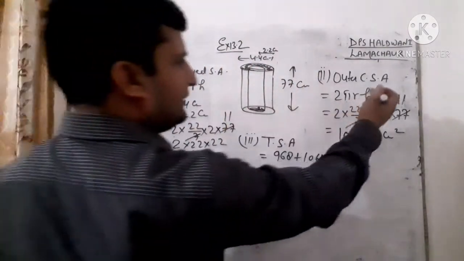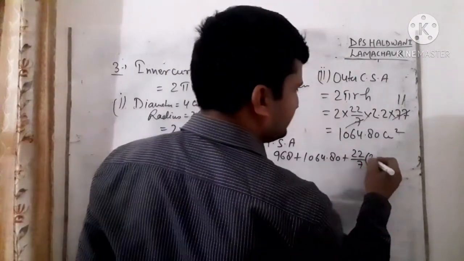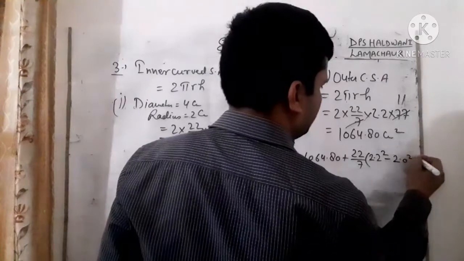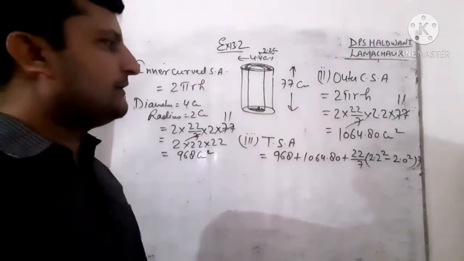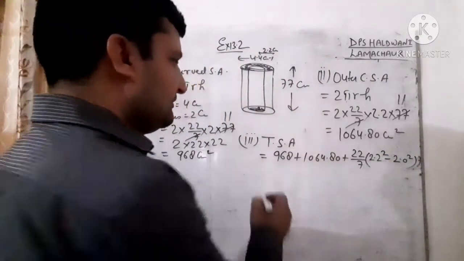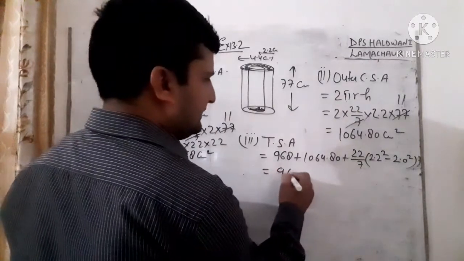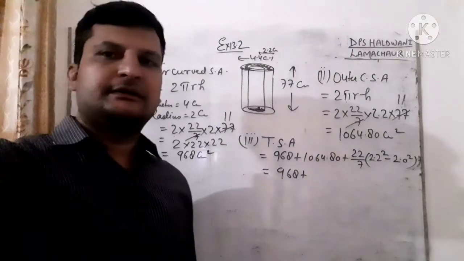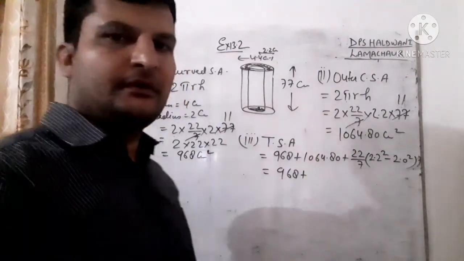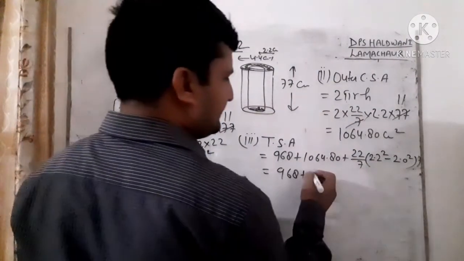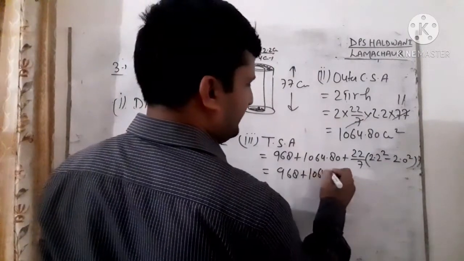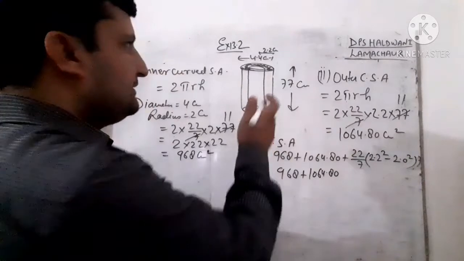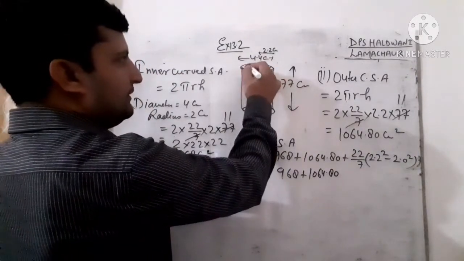So the maximum radius is 2.2 square minus this 2.0 square. So students, we can find it easily. So again 968 plus 1064.80. This is pi R1 square minus R2 square, means this part we have to find.